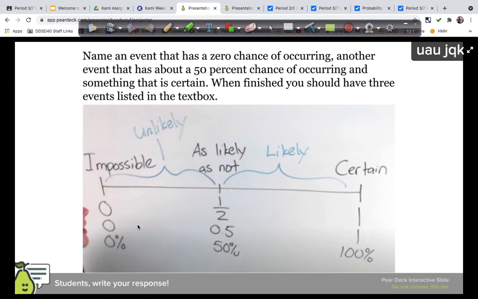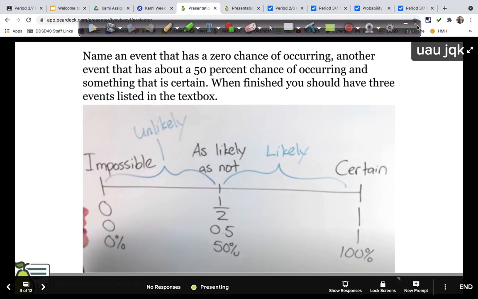Impossible: some people said it's impossible to roll an 8 on a 6-sided die that has 1 through 6 on it. It's just not going to happen. Somebody said it's certain that today is Tuesday, or certain that tomorrow is Wednesday. Equally likely that you would roll an even number on a die, something like that. So go ahead and type those in, and you should be caught up.